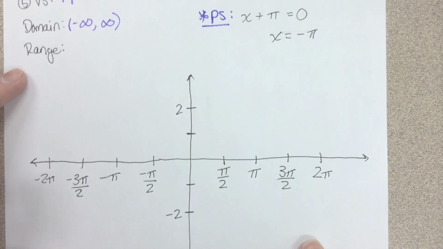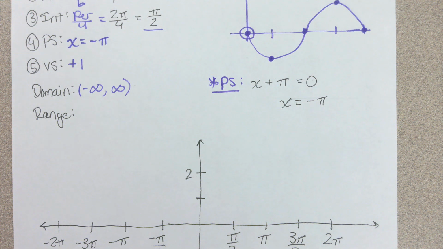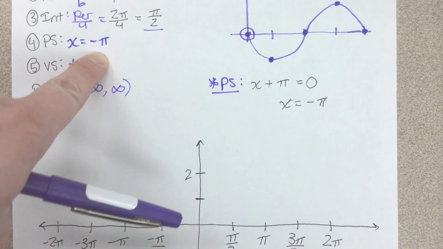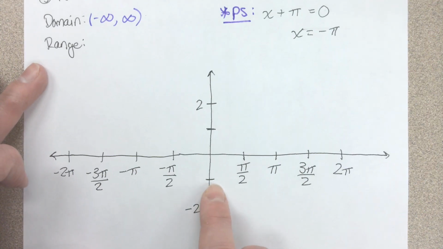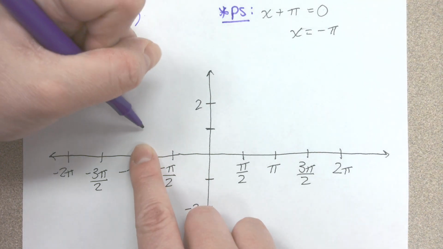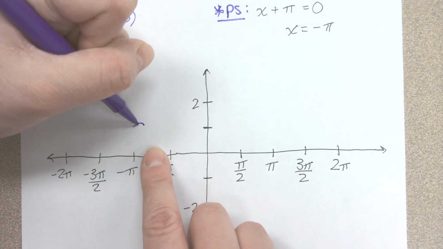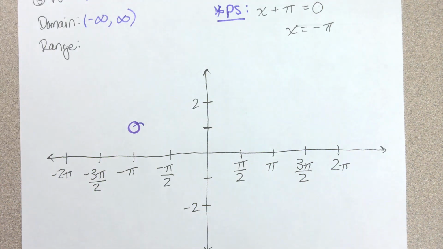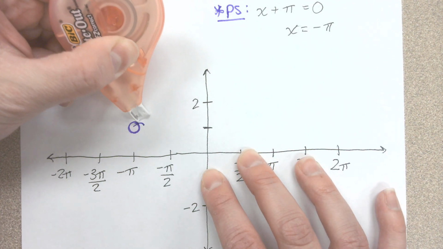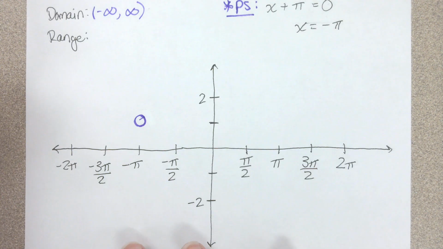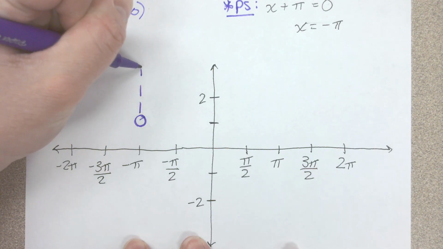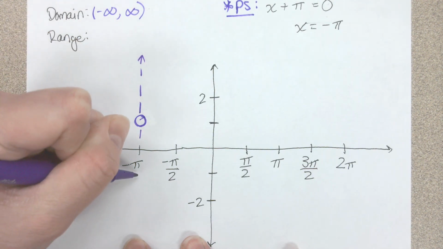Let's figure out our starting point. Let's look at our shifts. We're going to negative pi on the x-axis, so left pi, and then up 1. So negative pi, up 1, starting right there. Going to draw a vertical and horizontal line through this circle.